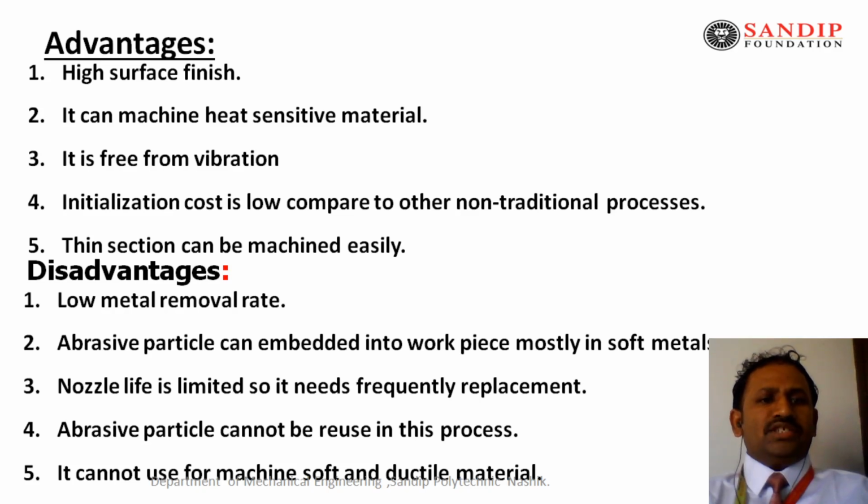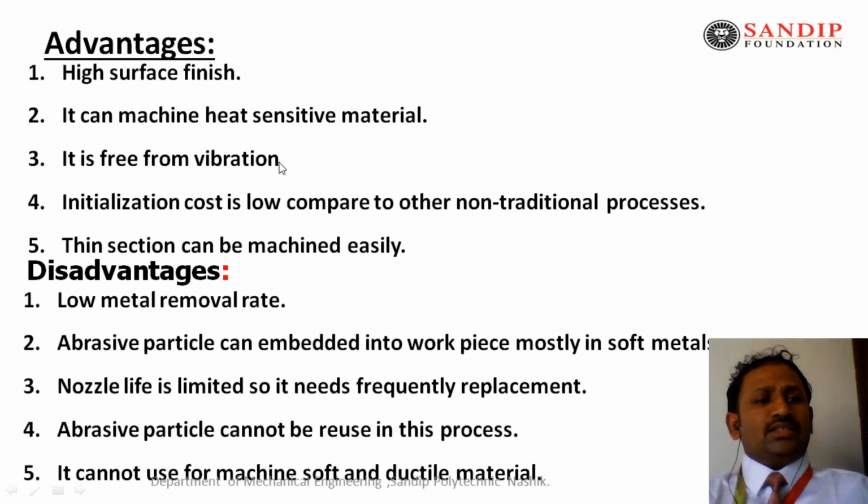Second, it can machine heat sensitive material, meaning the material should sustain the heat, because a high abrasive jet strikes on the material, so that's why the material should be strong. And it is free from vibration, because the process is very precise.